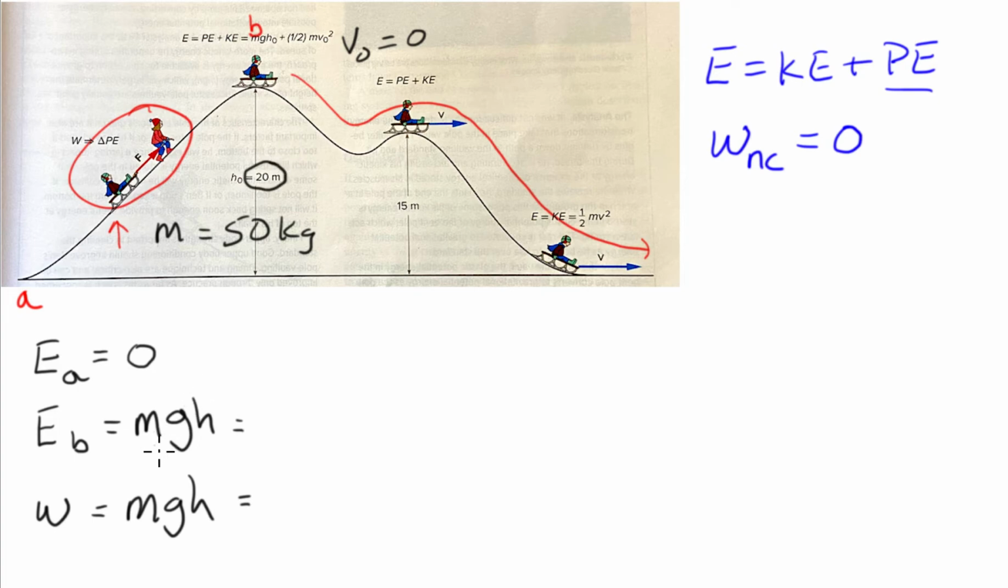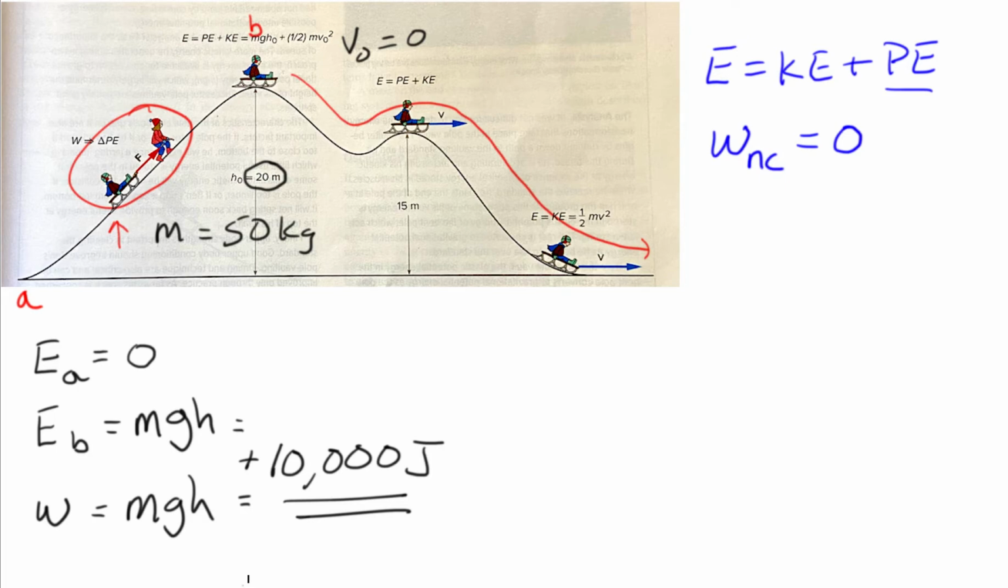So you need 50 times 10 times 20, and you get 10,000 joules. So the way you can interpret this is by saying that the kid in the red hat did 10,000 joules worth of work on the kid on the sled. In a sense, he loaded the kid up with a whole bunch of energy, 10,000 joules worth of energy.